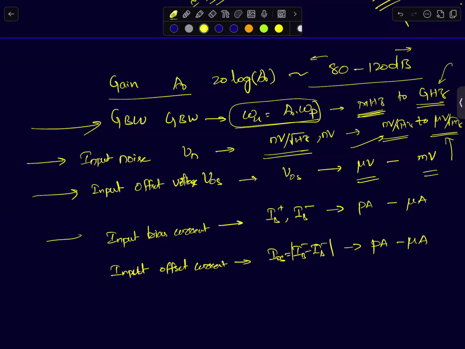Then we looked at input bias current and input offset current. This is to bias the input pairs, and that current can vary from picoamperes to microamperes. Usually the bias current will be very high for BJT-based op-amps. Sometimes you can get BJT amplifiers with very low input bias currents as well.